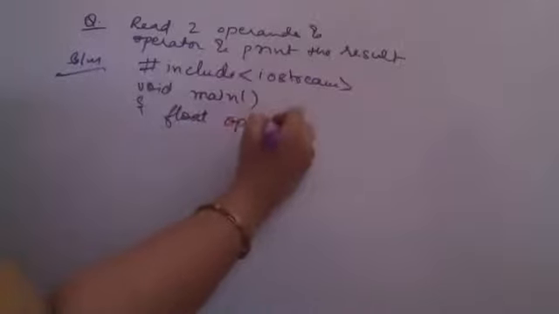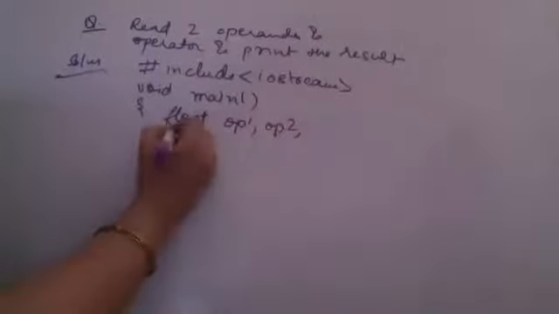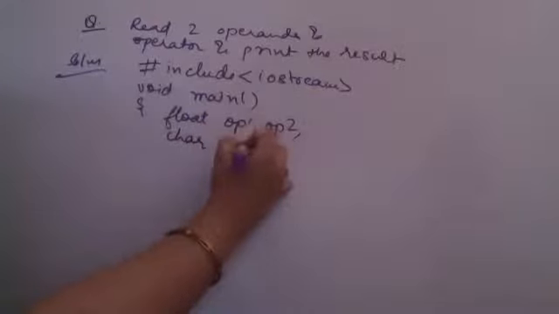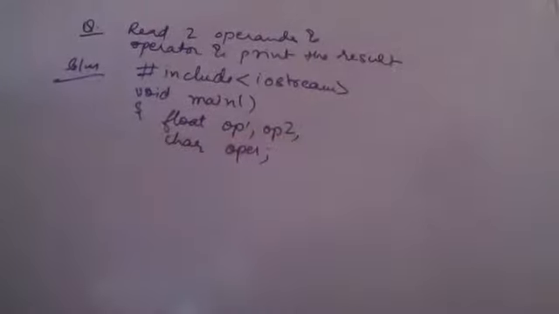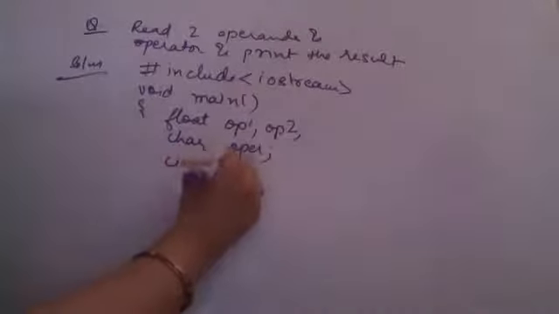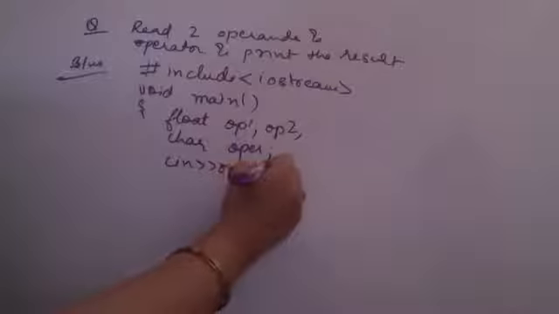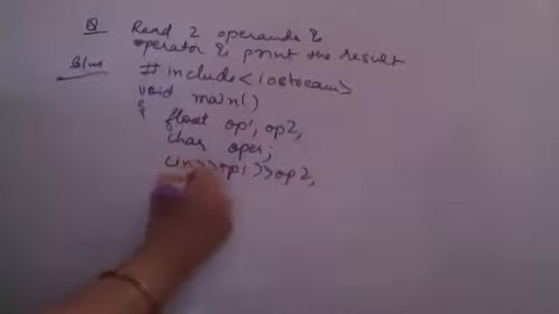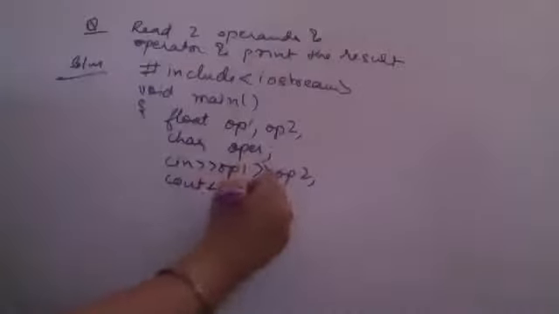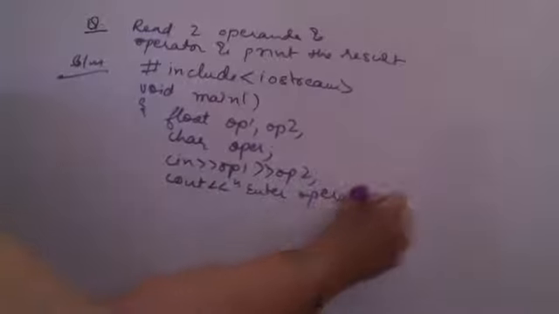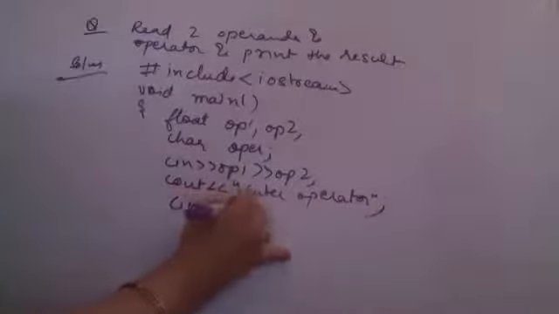So I am taking operand 1, operand 2 and I am taking a character operator in which I will be having the operator. So I am reading the operands and I am asking the user to enter the operator. And the user will finally enter the operator.